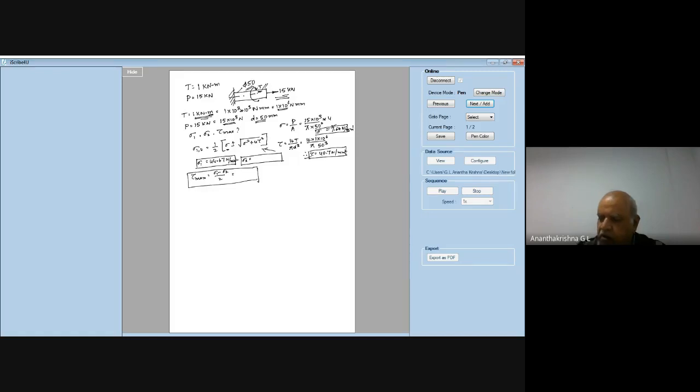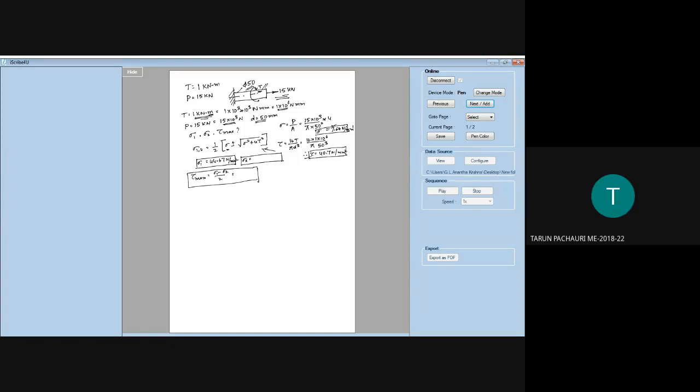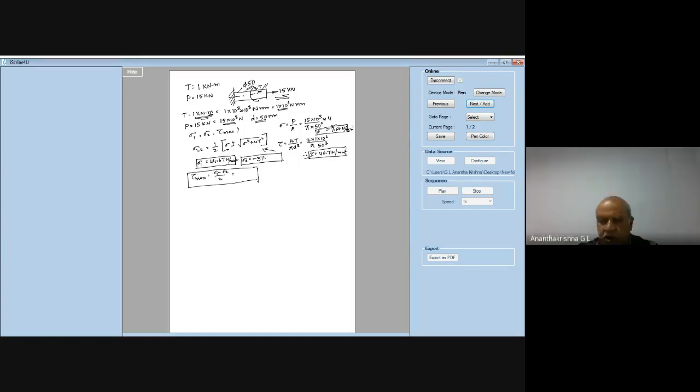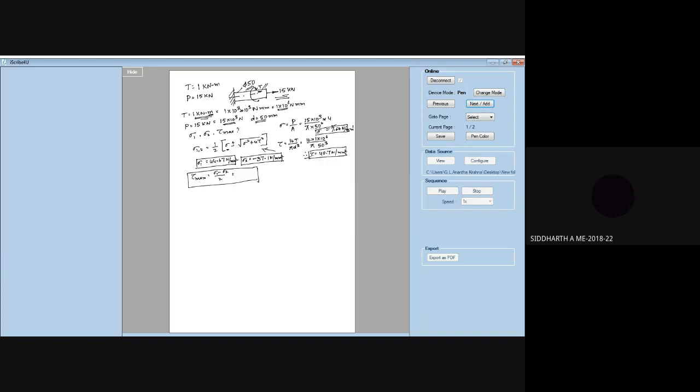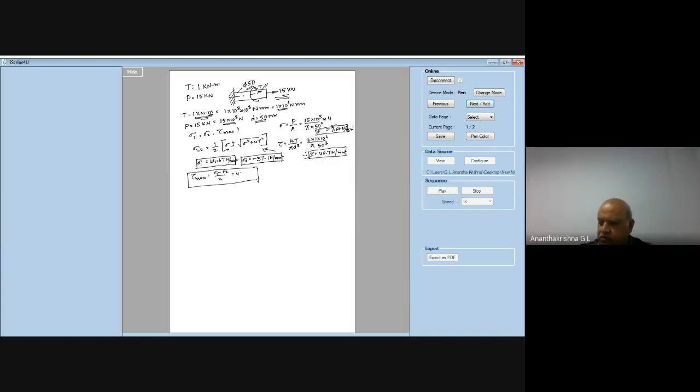What is sigma 2? Minus 37.1. Okay, minus 37.1 Newton per mm square. And tau max? 40.91, sir. That's correct, 40.9. Okay. Any doubt in this?